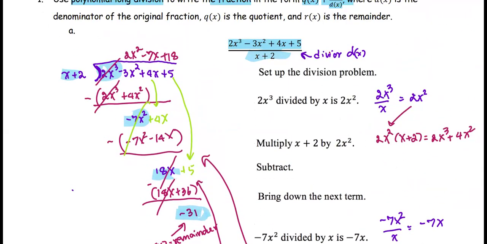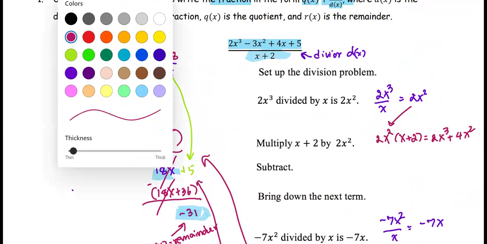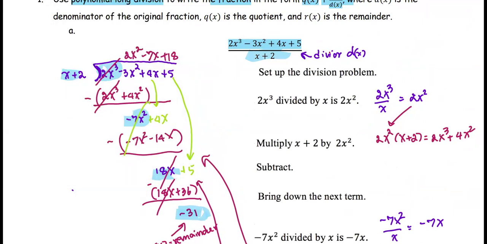And back to the problem here. We see the R of x, and D of x is the divisor. The result from each step is the process, so this one is the quotient.